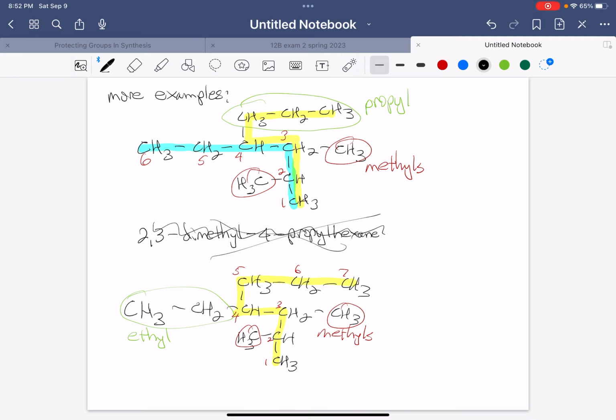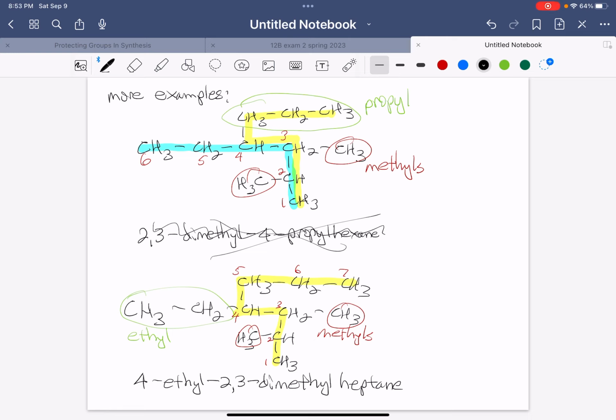So this is, what do we have? 4-ethyl, 2,3-dimethylheptane. So this goes to show how easy it can be to miss what the actual longest chain is.